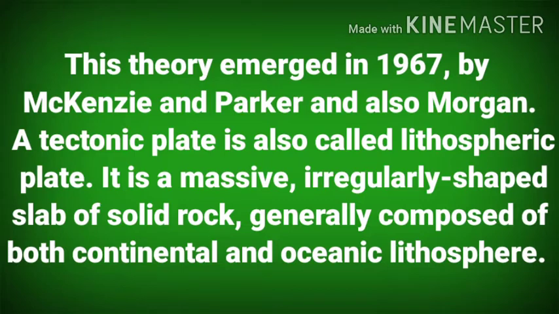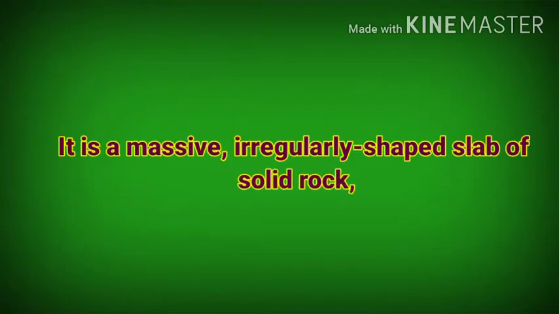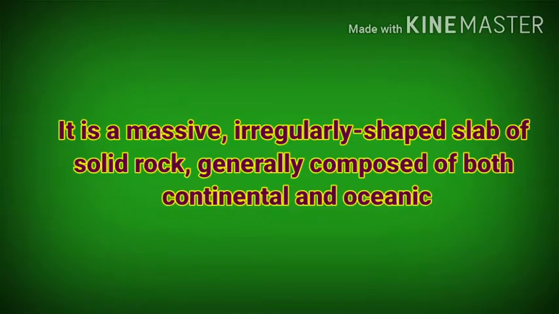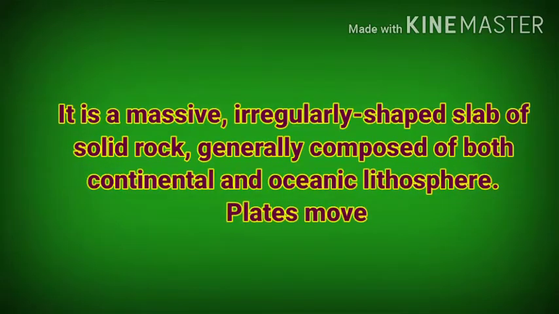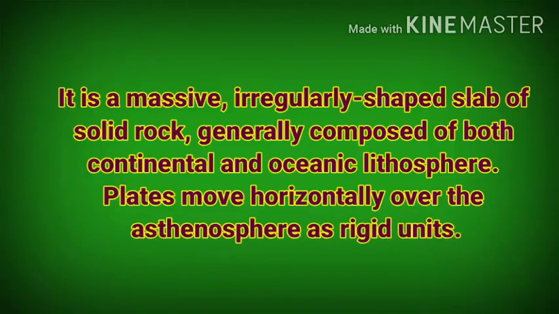The plates act like a hard and rigid shell compared to Earth's mantle. This strong outer layer is called the lithosphere. It is a massive irregular-shaped slab of solid rock. Plates move horizontally over the asthenosphere.